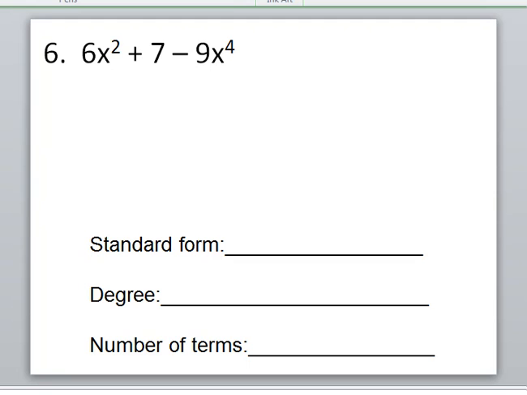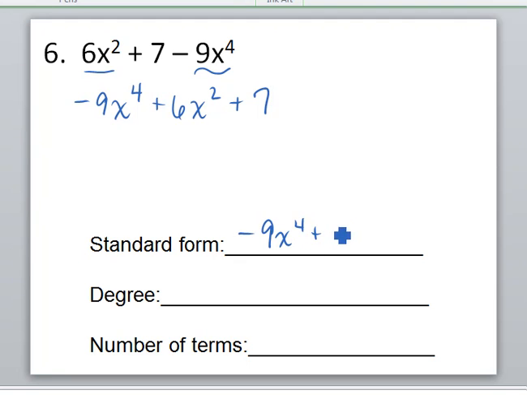In this first example, you can see that it's not in standard form. Standard form starts with the highest exponent, which would be this negative 9x to the 4th. Then it goes to the next highest, 6x squared, and then finally the last term plus 7. So the standard form is negative 9x to the 4th plus 6x squared plus 7.